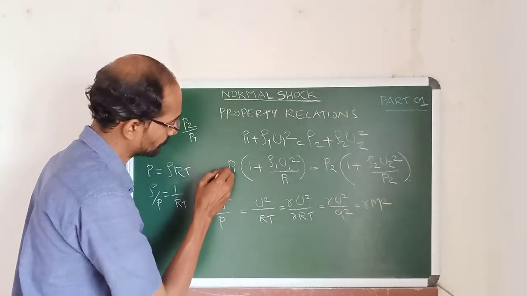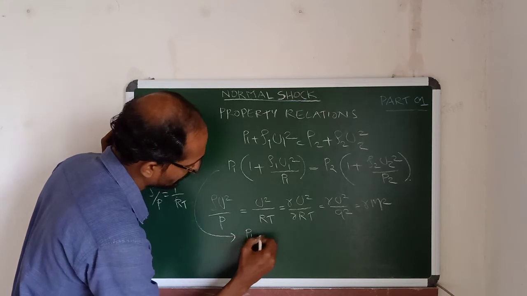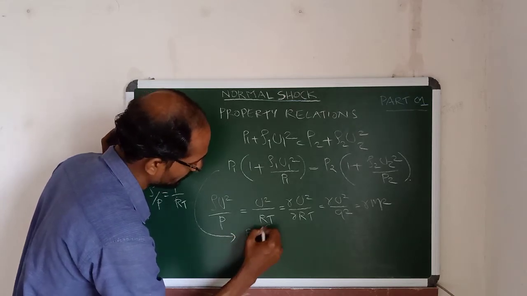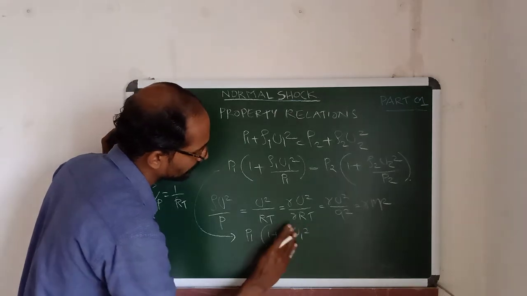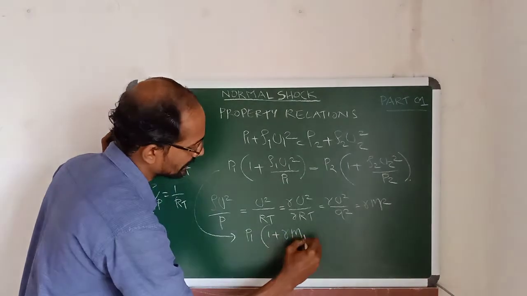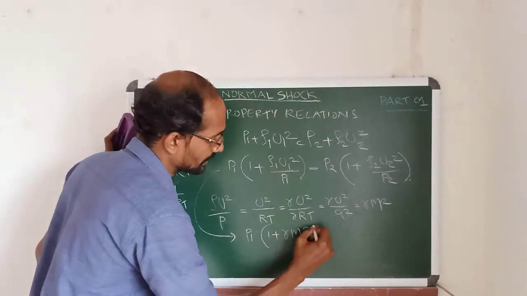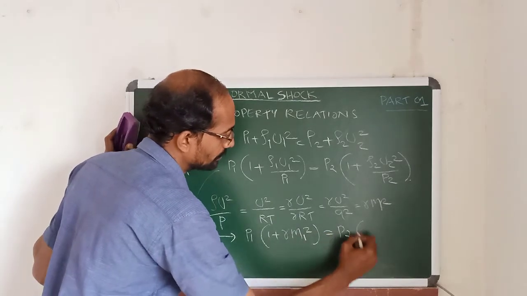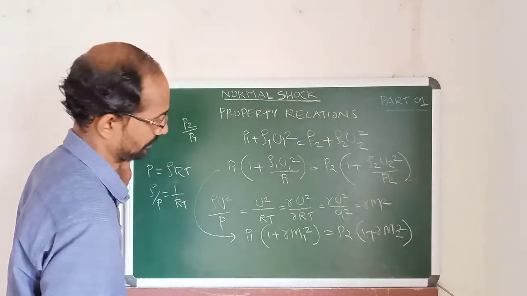So now I will substitute. That means P1 times 1 plus, instead of this quantity rho1 u1 square by P1, I can write gamma M1 square, because this corresponds to state 1, equal to P2 times 1 plus gamma M2 square.